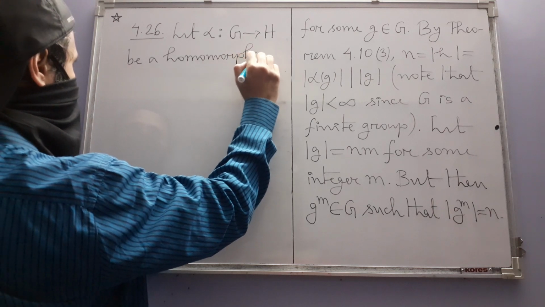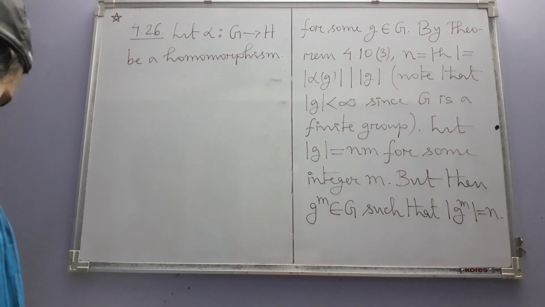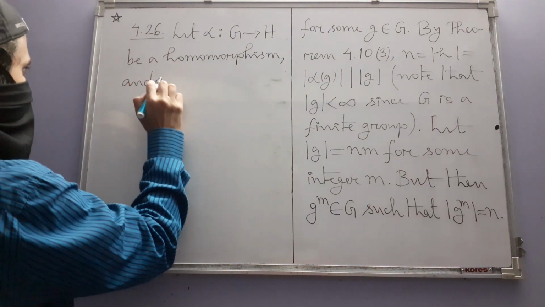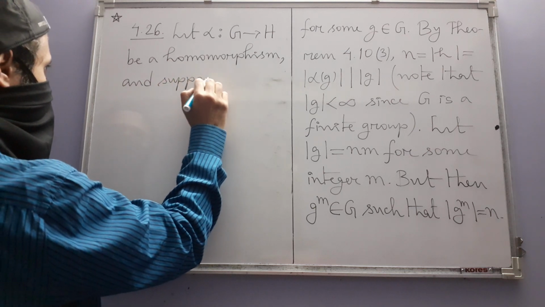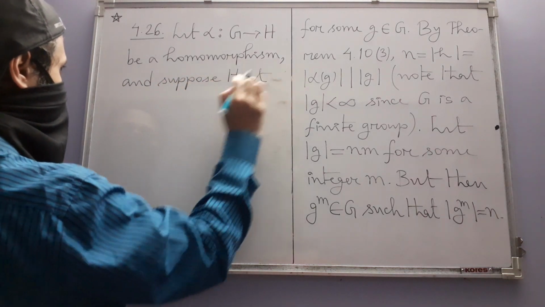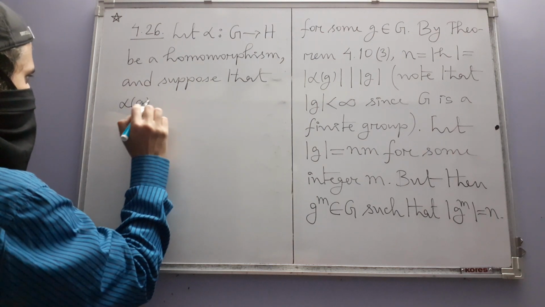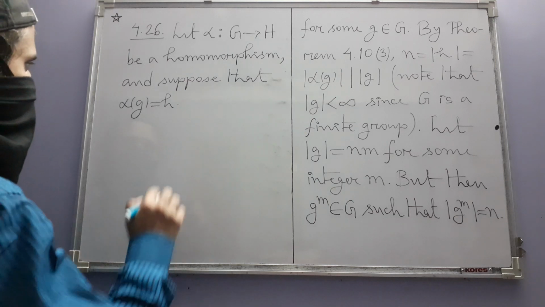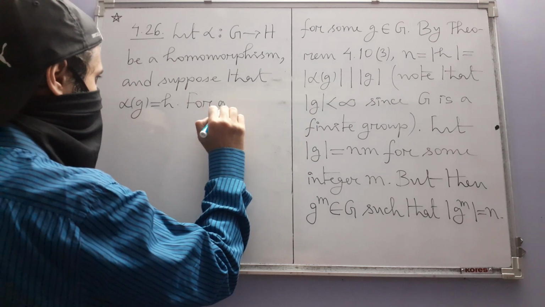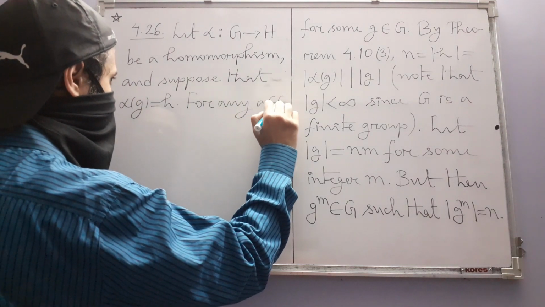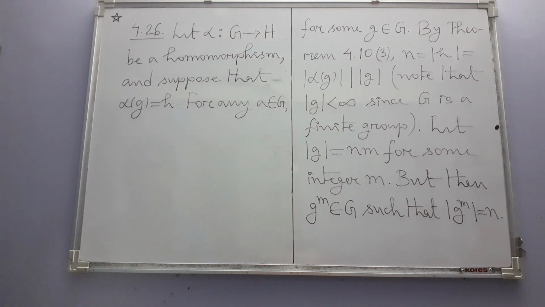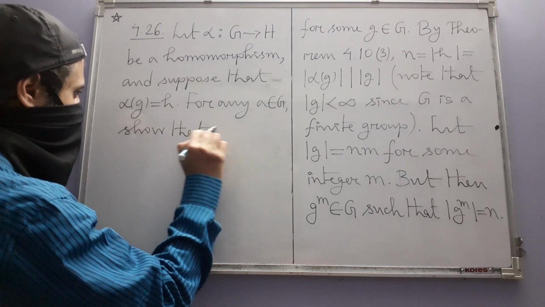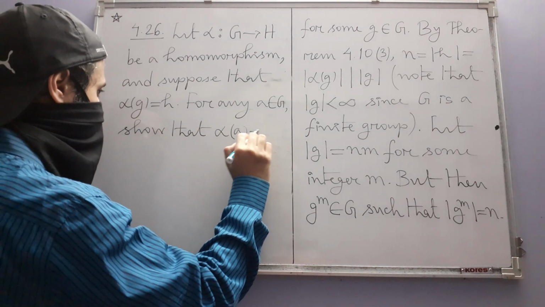So here also it's given that alpha is a homomorphism, and suppose that alpha of g is equal to h. Okay, for any element a in G, show that alpha of a is also equal to h.